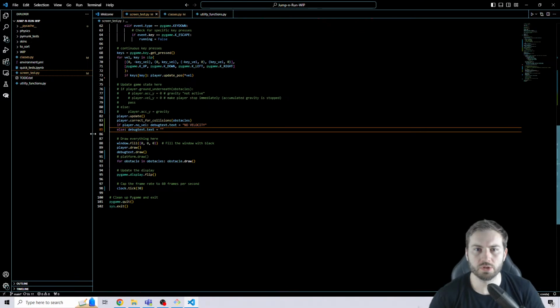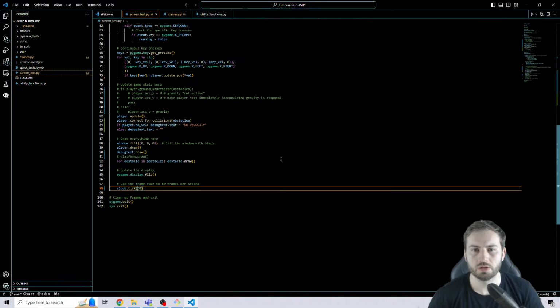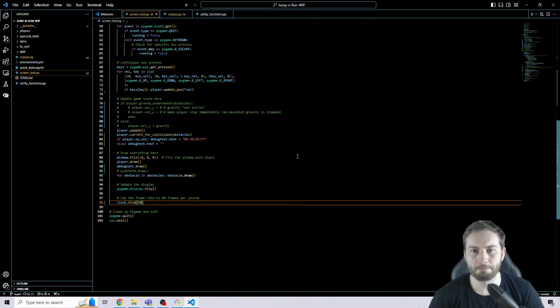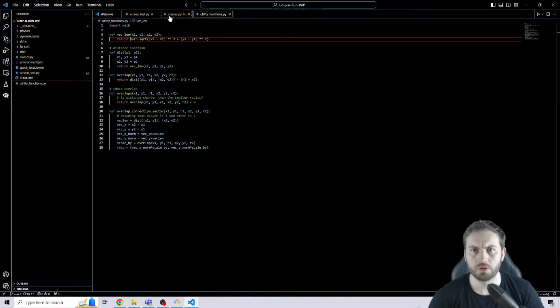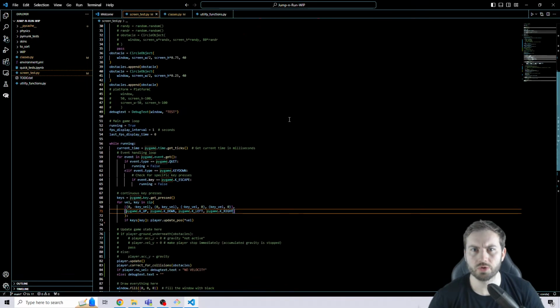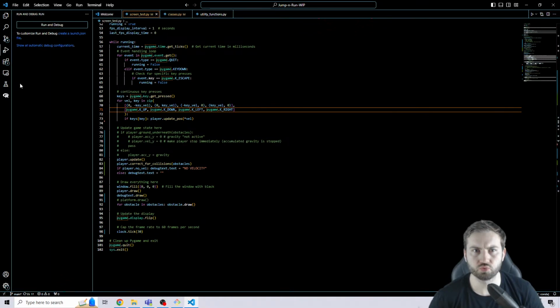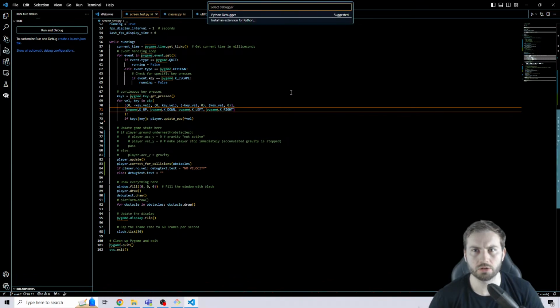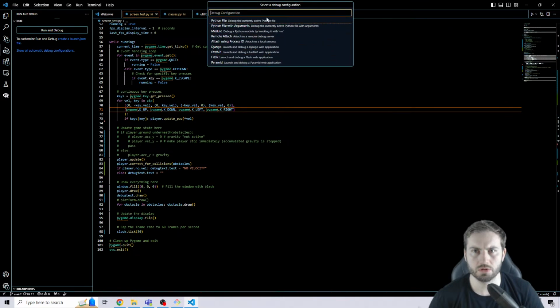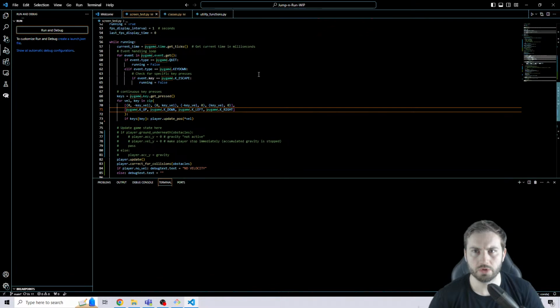What would be nice is if we had some kind of debugging for every frame, and then we can just click when we want to progress with the frame. But for that, to dive in if that kind of works with the Visual Studio Code here. Run and debug. Python, install Python debugger. Let's go. Python file.